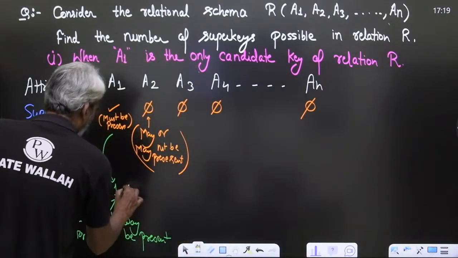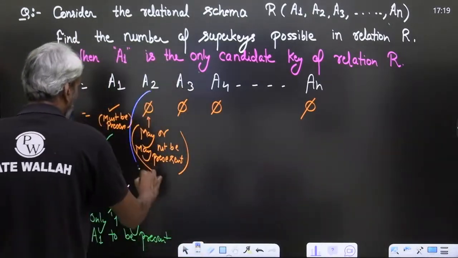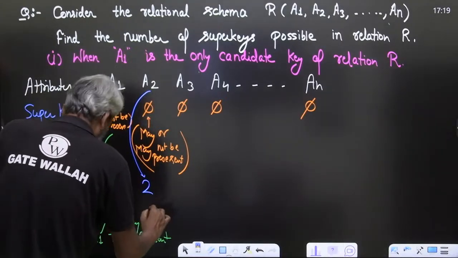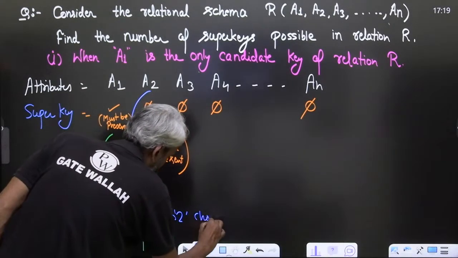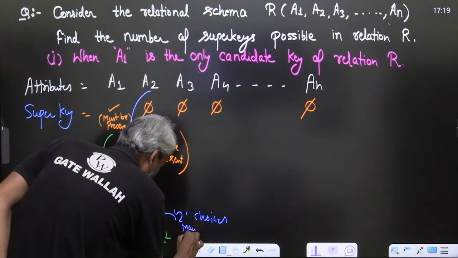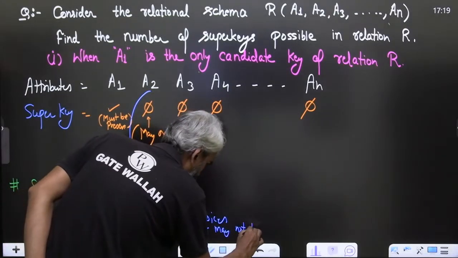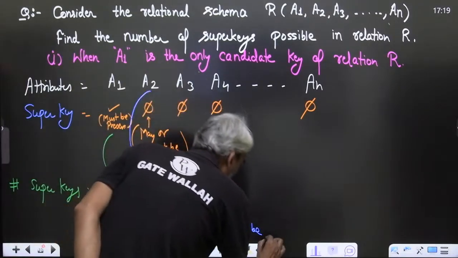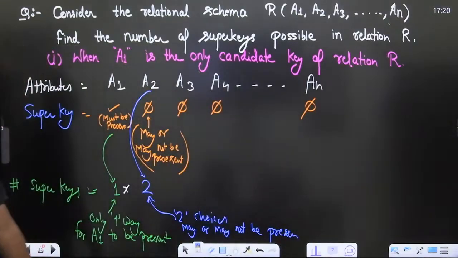And for A2, we'll have two choices, may or may not be present.